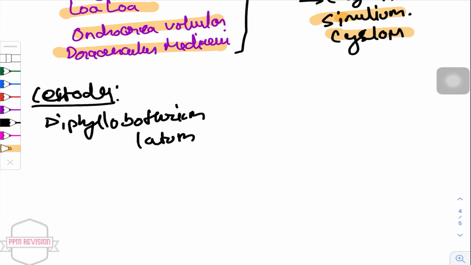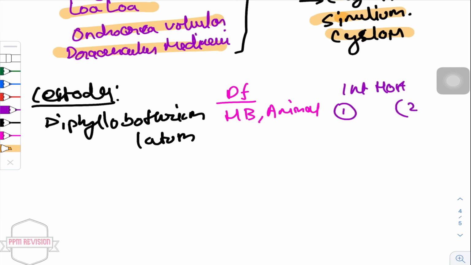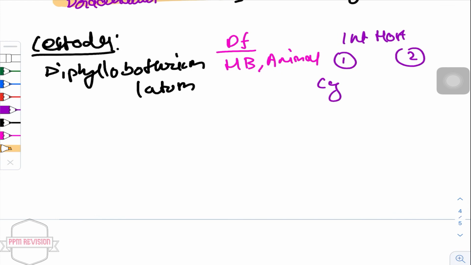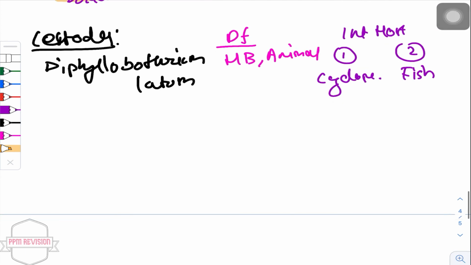Speaking about the definitive host, there is human beings as well as animals. And next, just looking at the intermediate host. Under this there is first as well as second. Under the first there is Cyclops, and under the second there is fish. This is nothing but Diphyllobothrium latum.